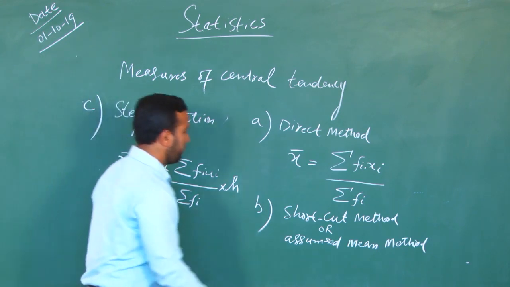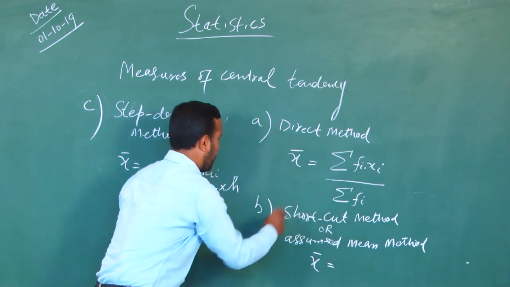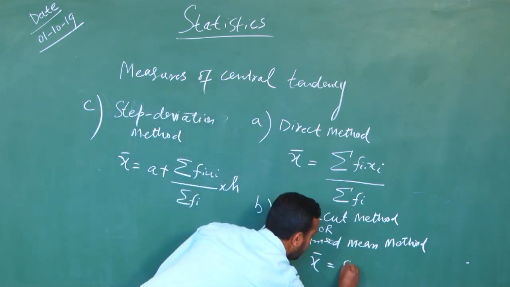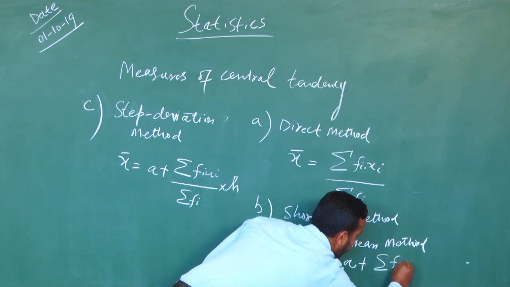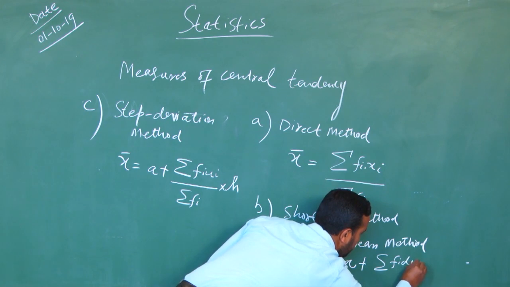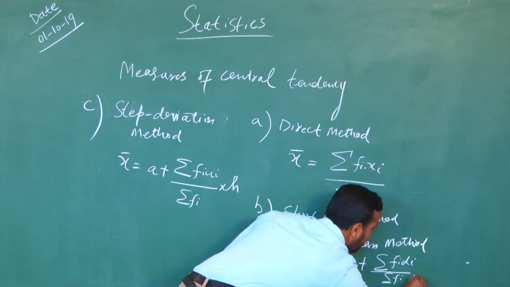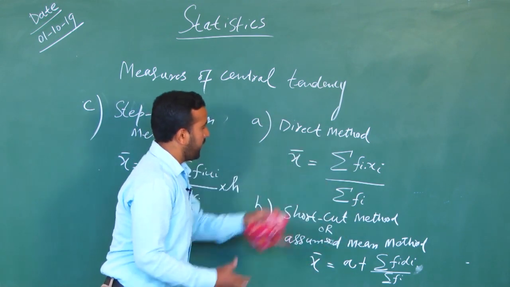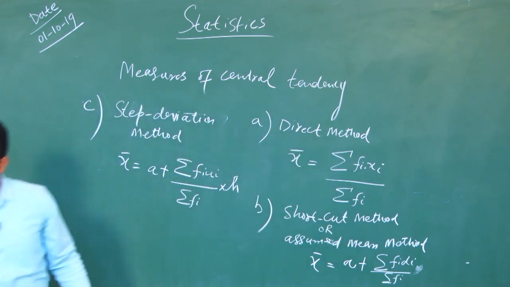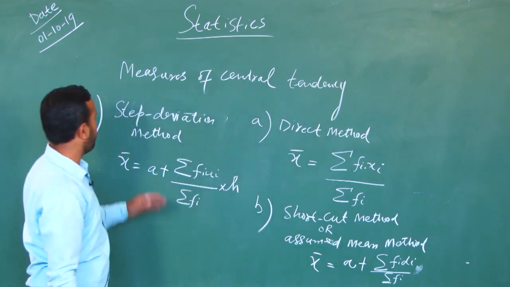Similarly, for the assumed mean method, we have A, the assumed mean, plus summation of fi multiplied by di, whole divided by summation fi. This is the formula for the direct method, then we have the formula for the shortcut or assumed mean method, and then the last one, the step deviation method.